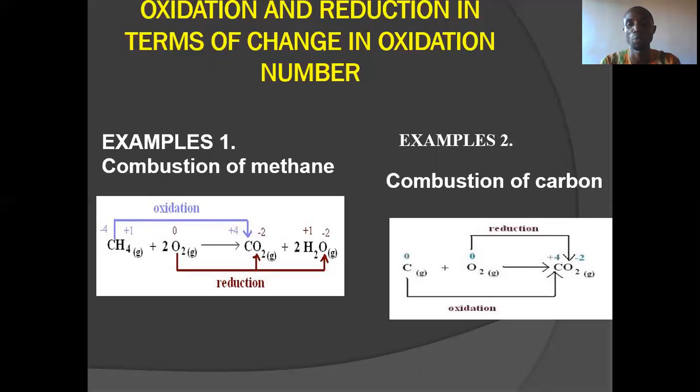In the combustion of carbon, oxidation occurs from 0 oxidation number of carbon to +4 in the product side, and the reduction is from 0 to -2 in the oxygen. So oxygen is where the reduction takes place, and the oxidation takes place at the carbon atoms.